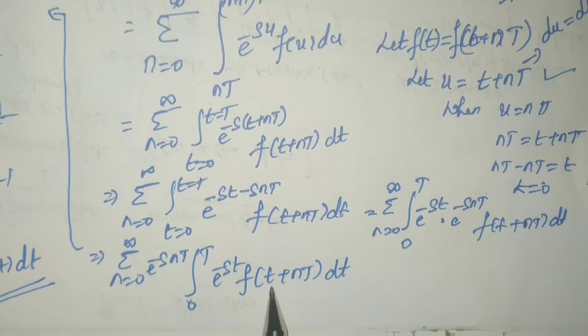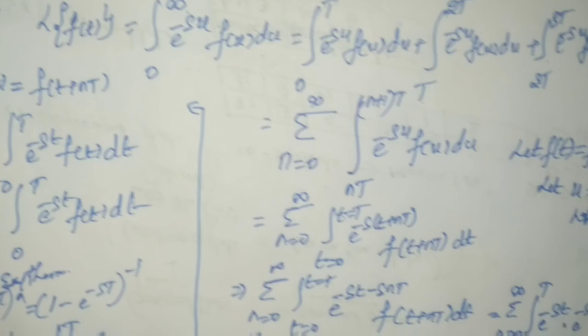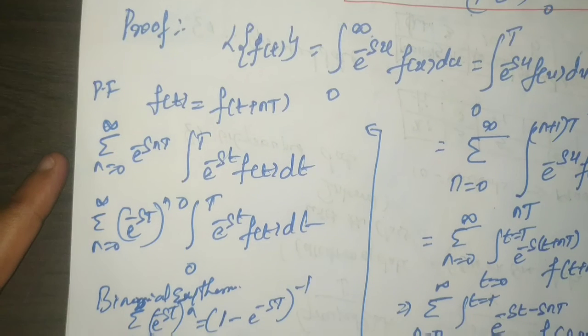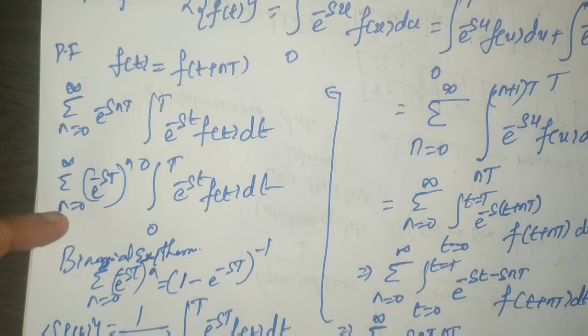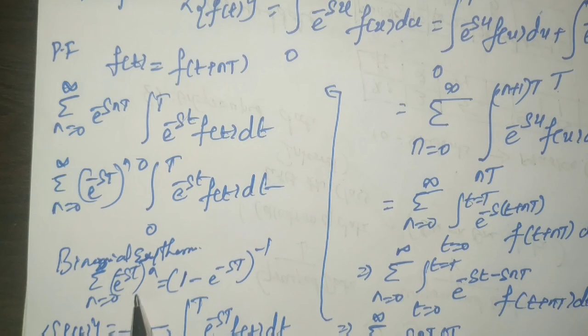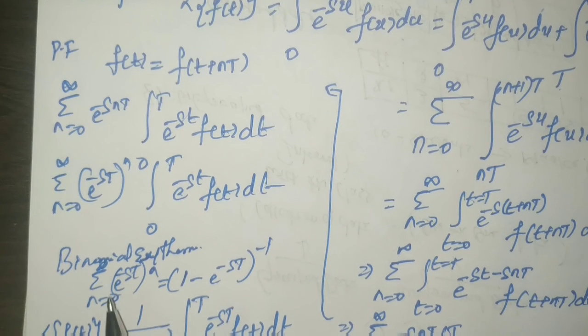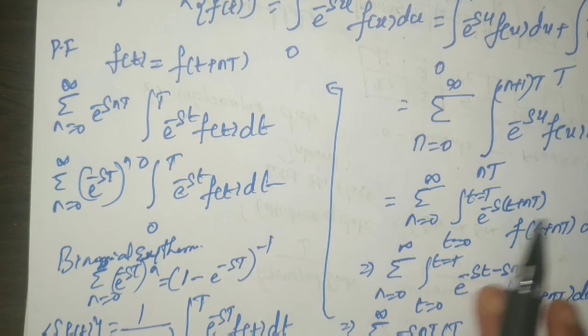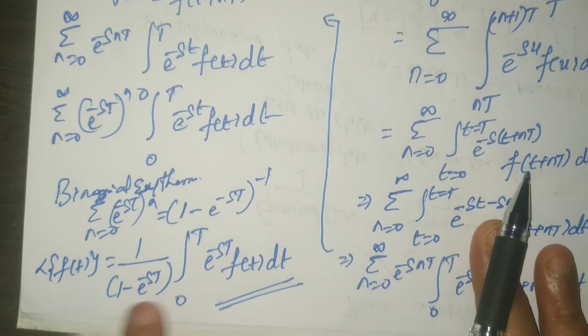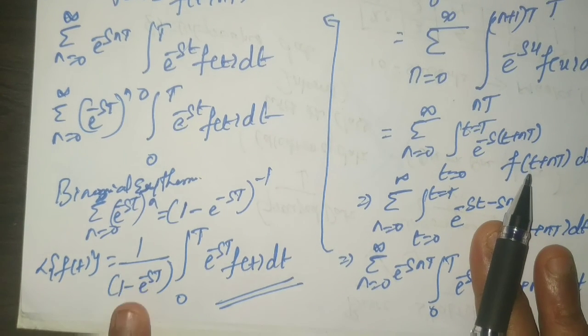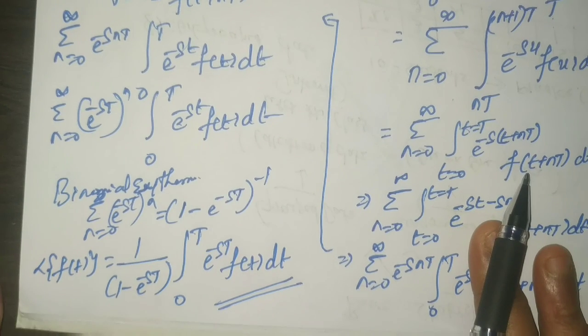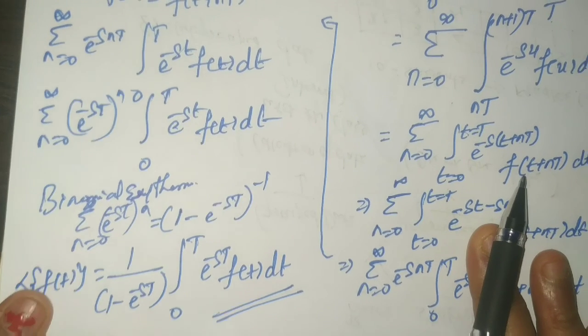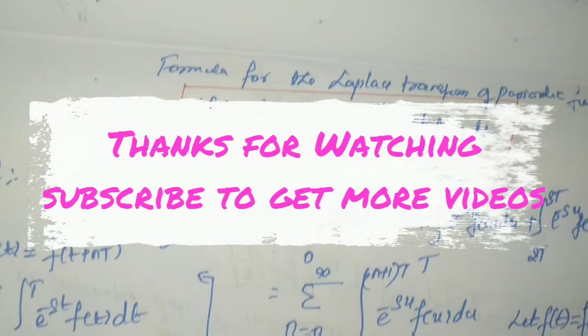And this is nothing but f of (t plus nT), which by the periodic function is f of t. So on substituting here, you get the last term, but this is a binomial expansion. If you want, you can expand this term and check it is of the form (1 minus e power minus sT) power minus 1. Instead of negative 1, I have taken it to the denominator.